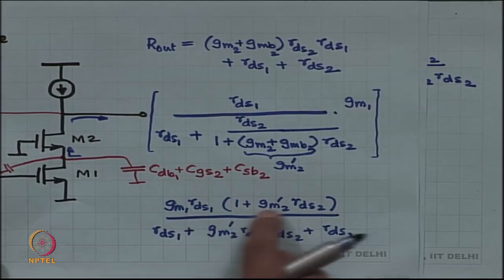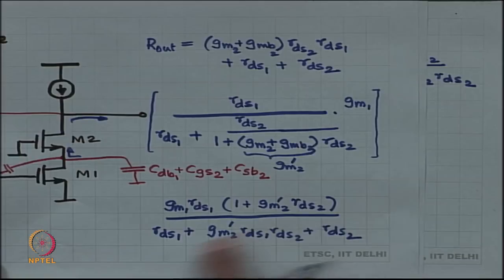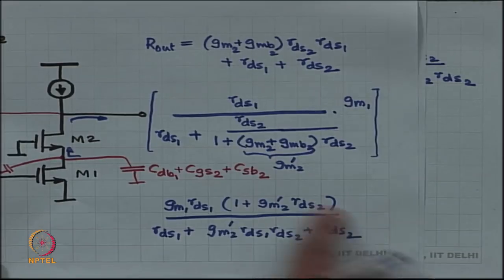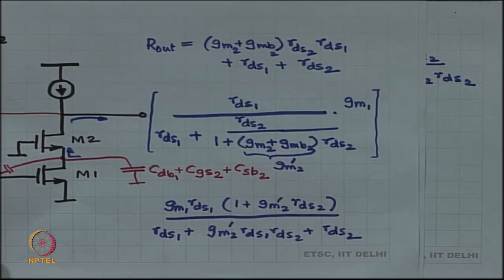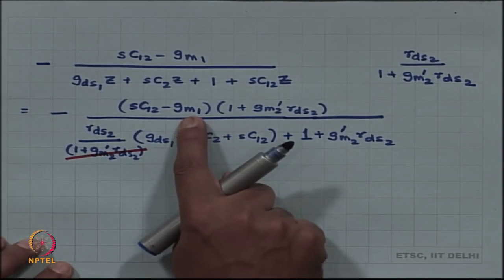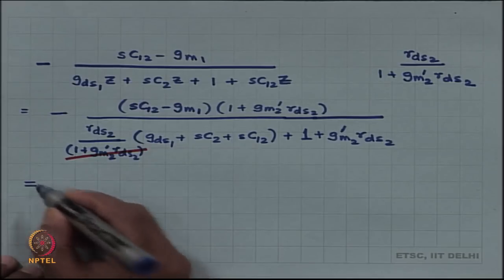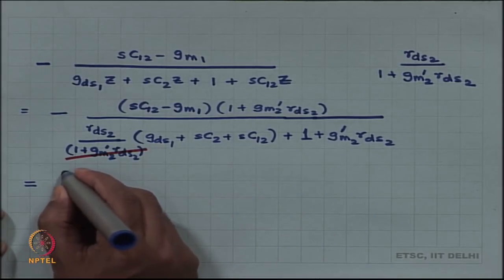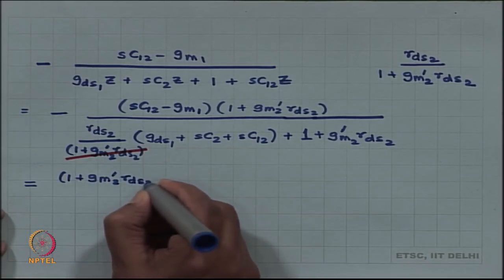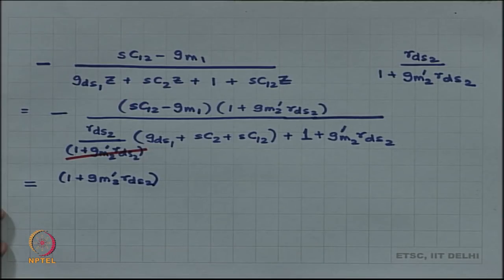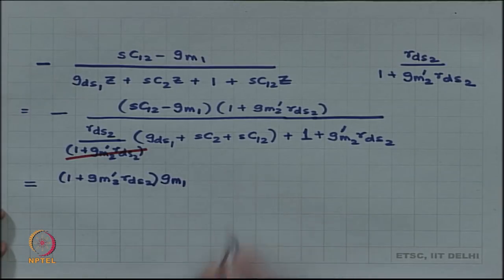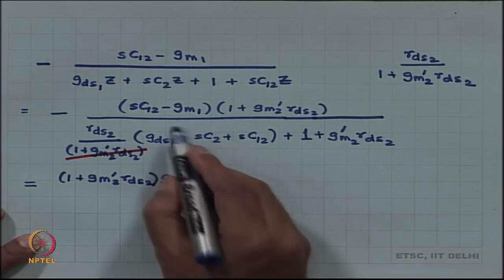The numerator has dimensions of 1, denominator has dimensions of resistance. So, transconductance should have dimensions of 1 by resistance, Siemens. So, just quickly check the units, right. We need to take this portion out. We also have to take out GM1 from the numerator, and then what remains in the numerator?